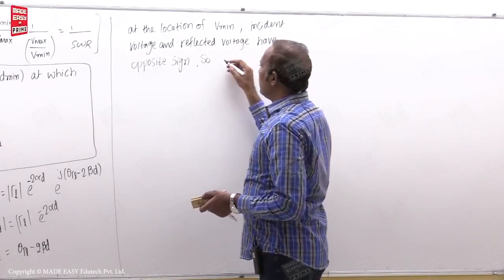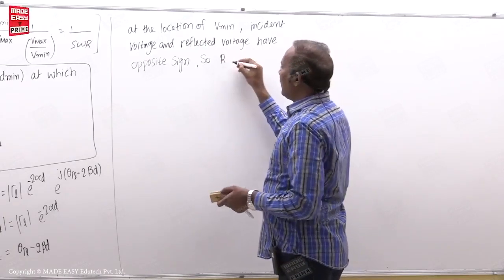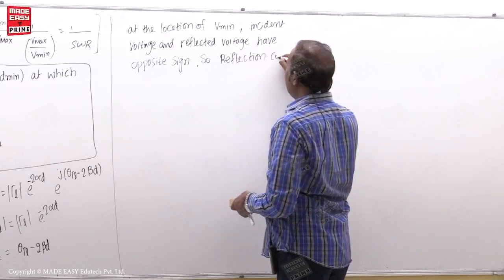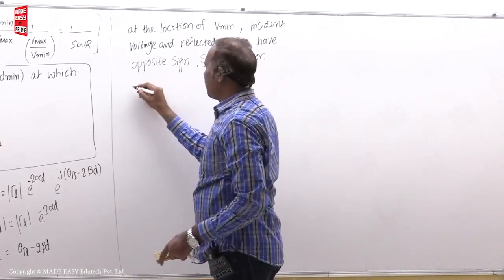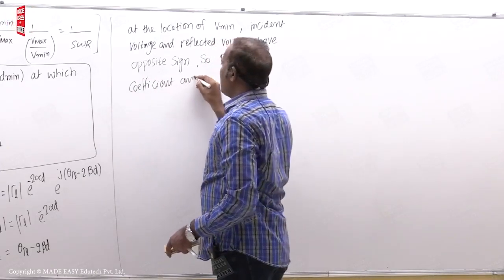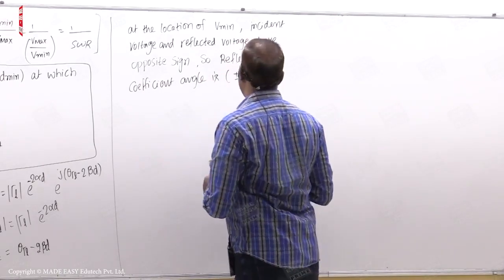So the reflection coefficient angle is plus or minus pi.